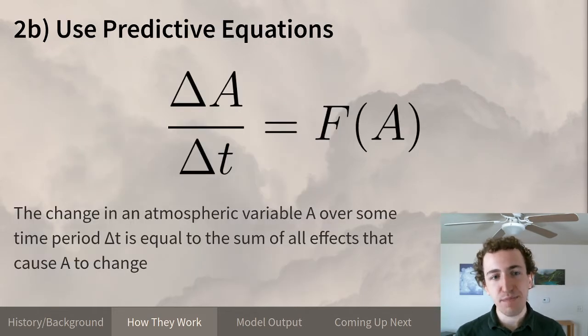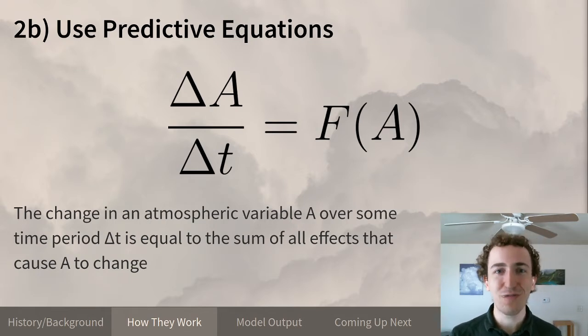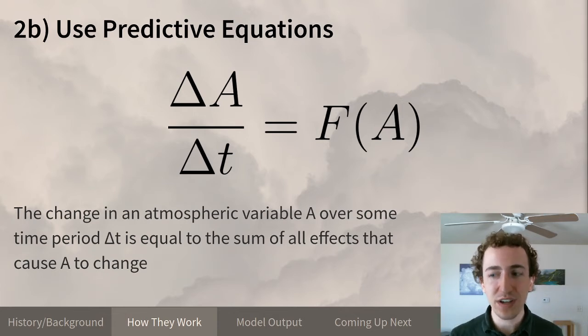So the second step of our lots of math portion of weather modeling is that we have to use predictive equations. And in a very, very simplified sense, this is what those equations look like. We have some change in an atmospheric variable over some time period.